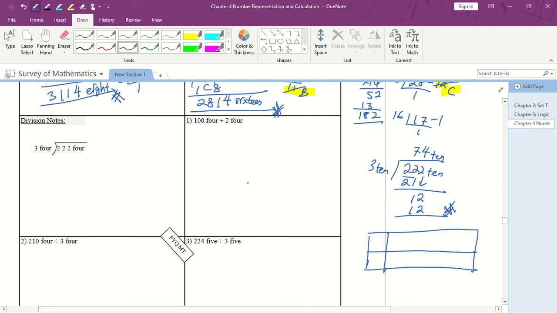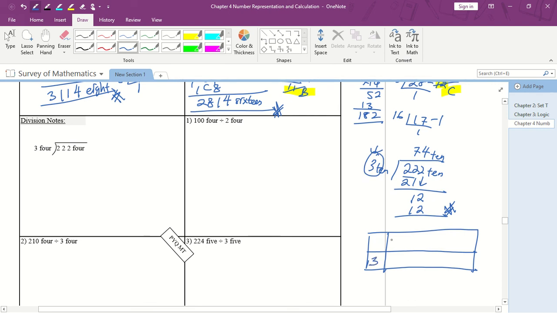So when we do division in other bases, we need to always list down the multiplication table for that particular base. For example, this is base 10, right? What I can do is list down the multiplication table for 3, because we are dividing by 3.